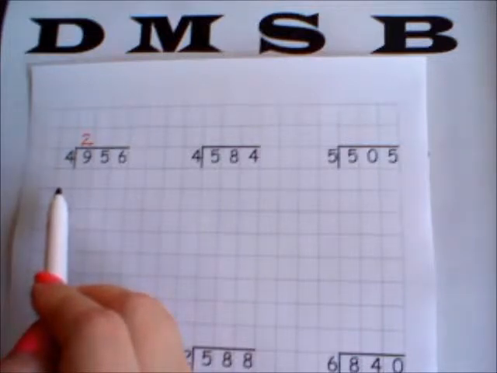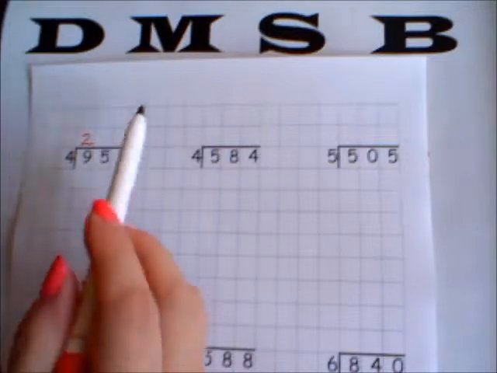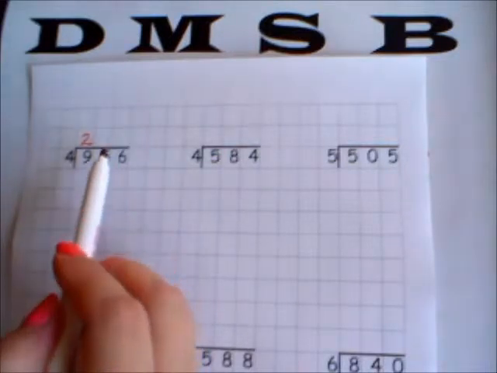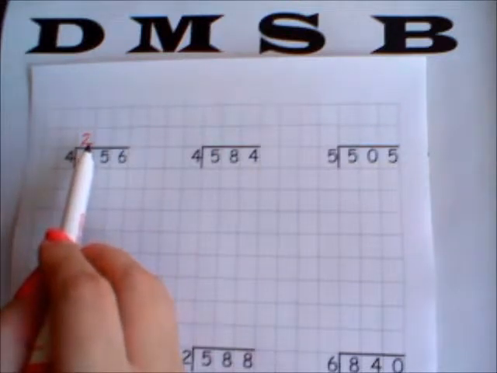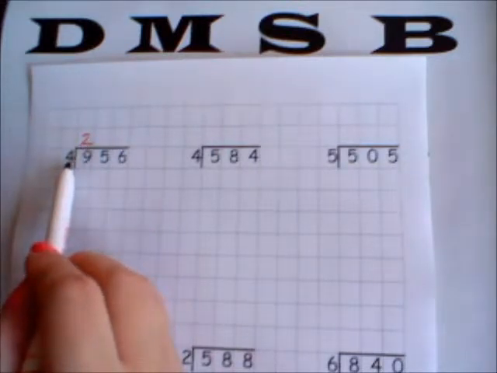So now our next step, according to our DMSB loop, is multiply, right? So now we are going to multiply the answer that we just got by our divisor, okay?